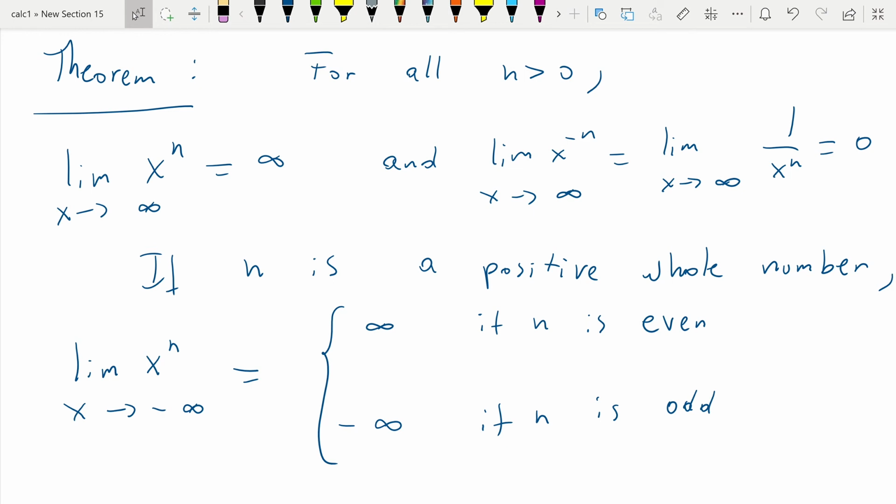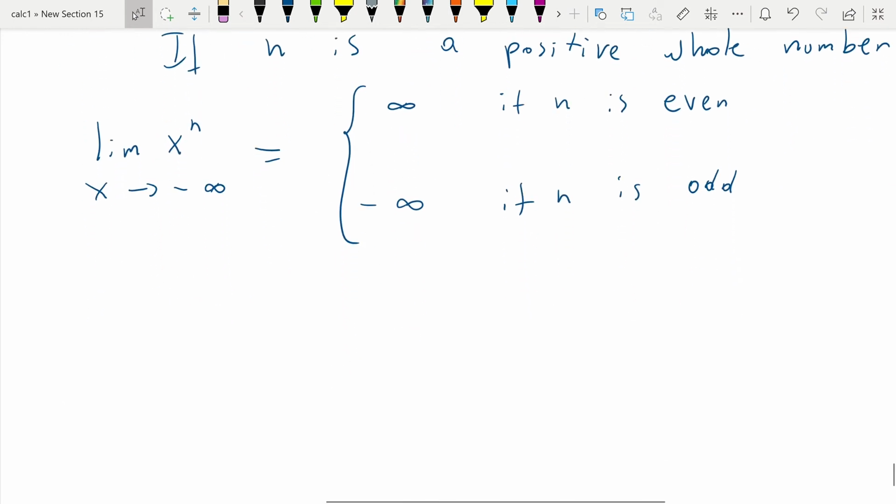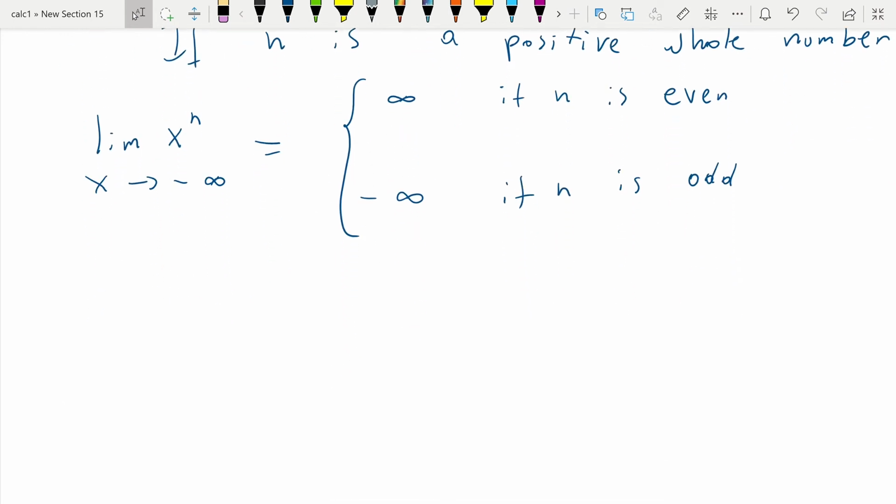Otherwise, we'll be taking roots of a negative number, which is not allowed. But then we can say that it goes to plus infinity if n is even, or to minus infinity if n is odd. So x squared, x to the fourth, and so forth, they all go to plus infinity when x goes to minus infinity, but x cubed, x to the fifth, they all go to minus infinity when x goes to minus infinity.